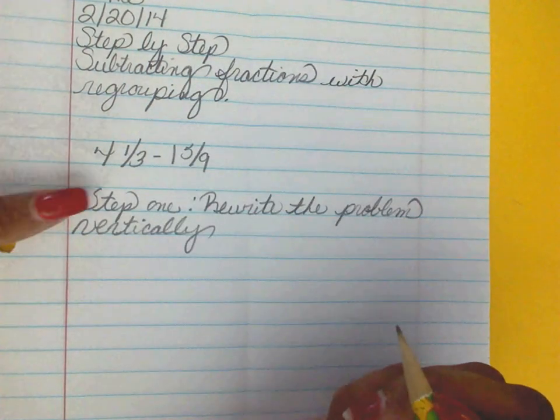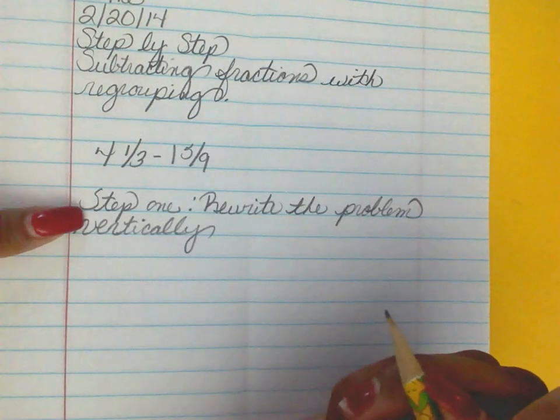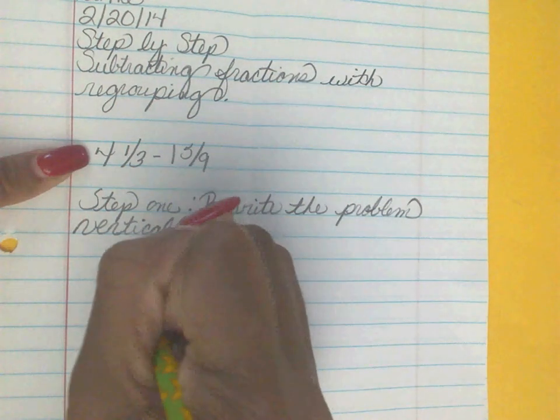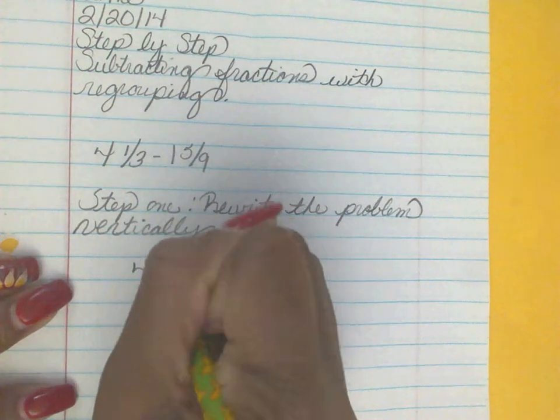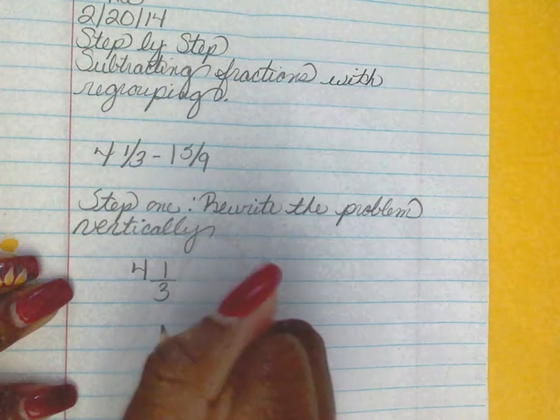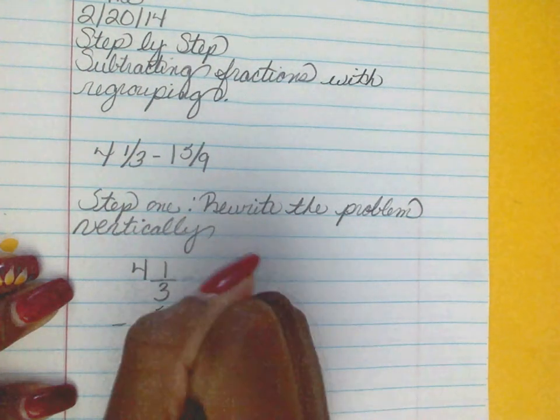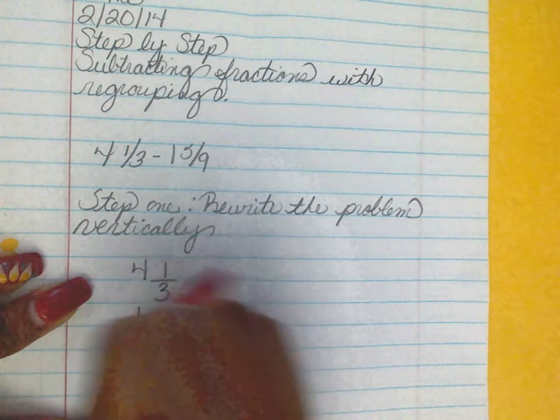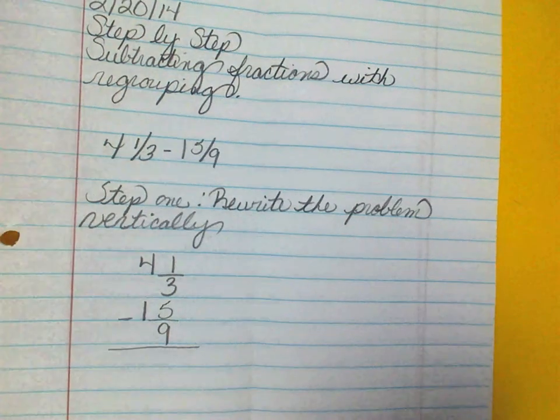My algorithm needs to match my step. So I'm rewriting my problem vertically. That's 4 1/3 subtract 1 5/9. That's all you do for step 1.